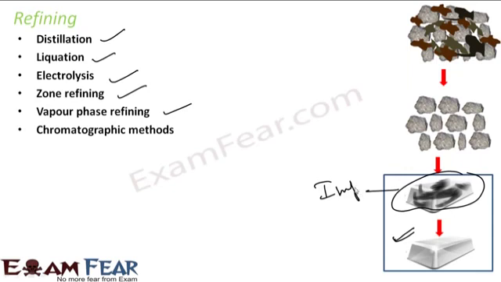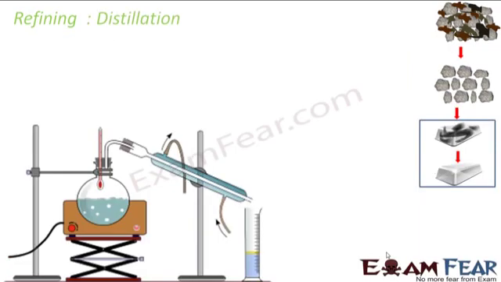This is impure, or else a raw metal, and this is pure. Let's start with the distillation process, a very easy process. Distillation is very useful for low boiling point metals like zinc and mercury.